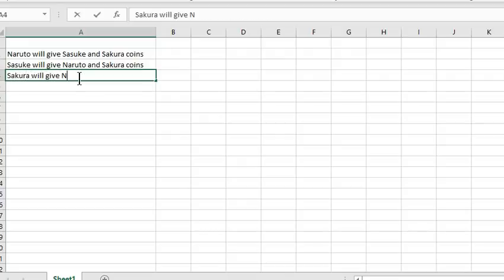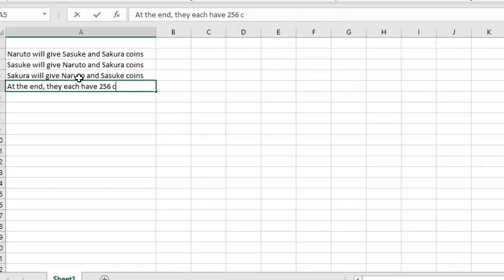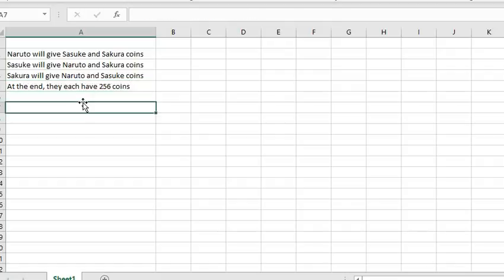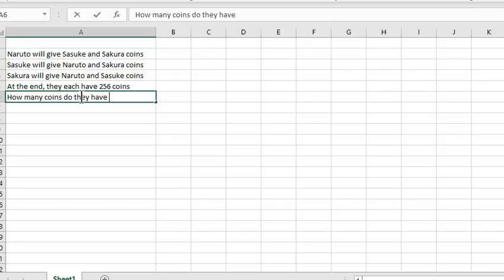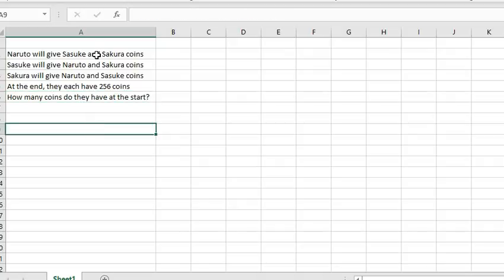She will give Naruto and Sasuke coins. And at the end, they each have 256 coins. And the question is how many coins do they have at the start. So these are all the given in our problem.